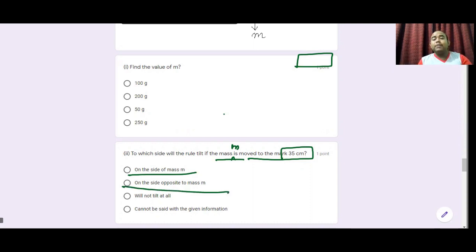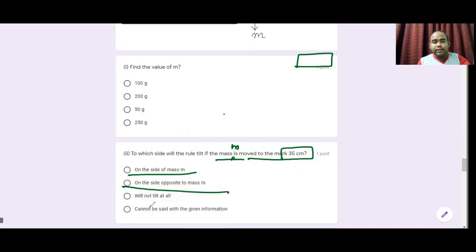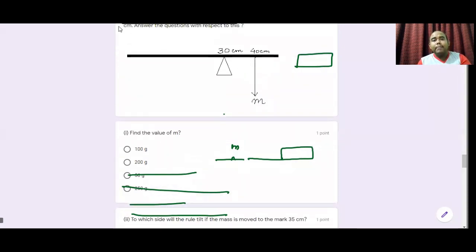On the side opposite to mass m, opposite side के इधर टिल्ट हो जाएगा. Will not tilt at all, टिल्ट ही नहीं होगा, अभी भी हॉरिजॉन्टल ही रहेगा. Or cannot be said from the given information. आप बोल ही नहीं सकते. तो कौन सा ऑप्शन करेक्ट है? So let me redraw the figure. If you see the figure once again, the mass m is originally at 40 centimeter, and this is when the ruler is perfectly balanced.